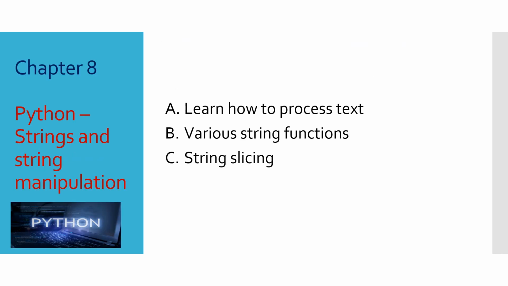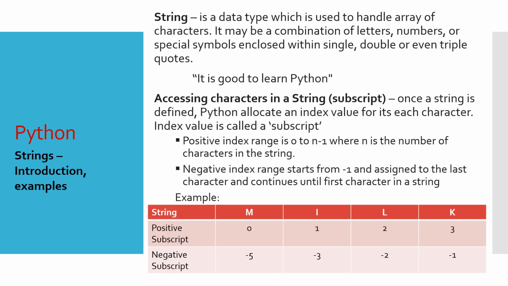Okay, now chapter 8. I just want to quickly talk about chapter 8 and then close this particular video. This one gives more examples of how to use strings, and how you write statements using substring statements, etc. Now, string is one of the data types used in Python in declaring variables.